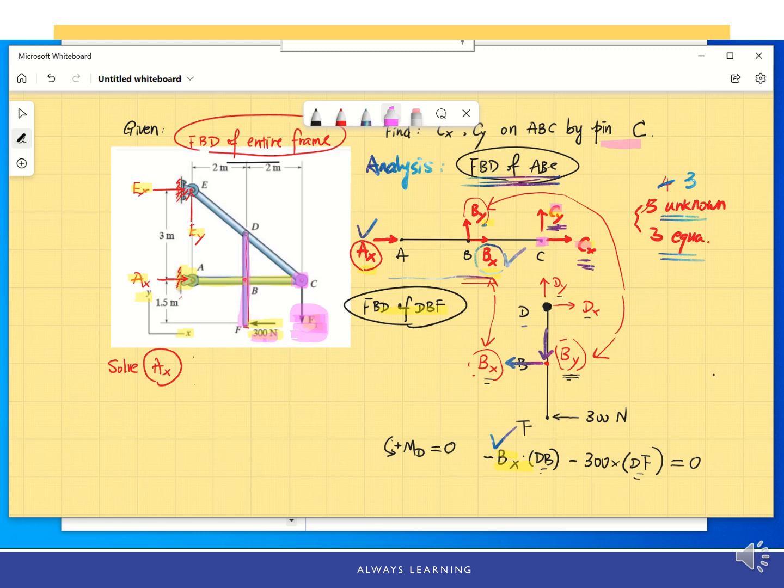If you do not have an F1 force on the pin C, the Cx and Cy will have a different value than when you have an F1 applied on the pin C. So to summarize, the F1 does affect the forces applied on the ABC indirectly. Even if you don't have it drawn on the free body diagram of ABC, it does affect the force. But again, it's indirectly affected. So do not put F1 directly on member ABC.